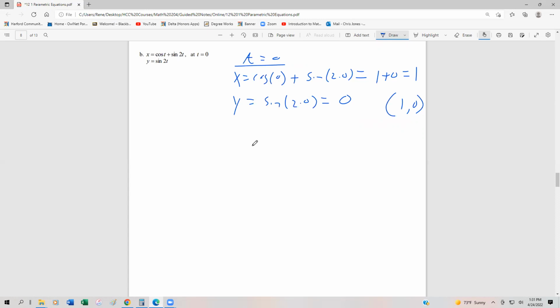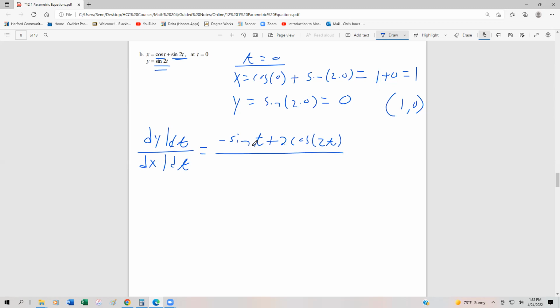Now we can go ahead and find the derivatives. We're going to find dy/dt and dx/dt. We know that the derivative of cosine is minus sine. Then we have the derivative of sine 2t, which is 2 cos of 2t by using our chain rule.